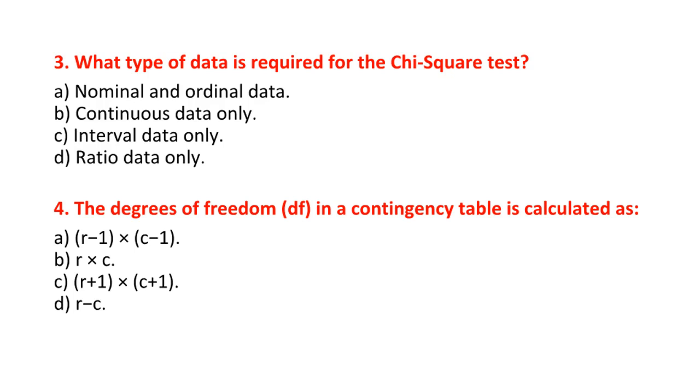The degrees of freedom, DF, in a contingency table is calculated as A. (R minus 1) multiplied by (C minus 1). B. R multiplied by C. C. (R plus 1) multiplied by (C plus 1). D. R minus C. Answer, A. (R minus 1) multiplied by (C minus 1).